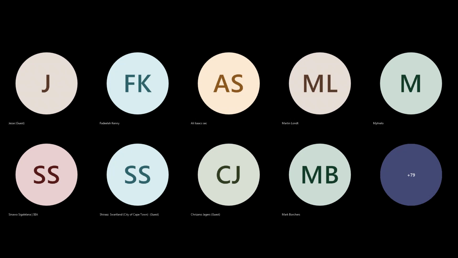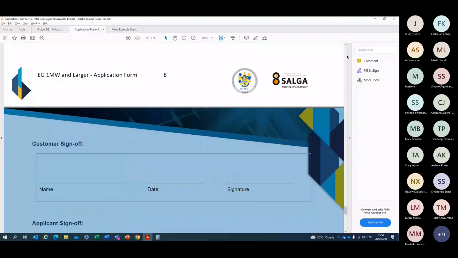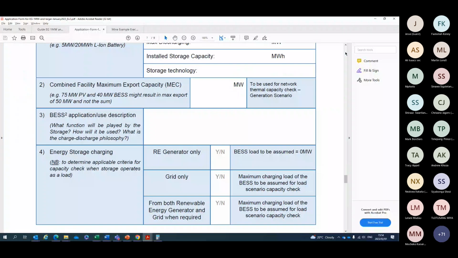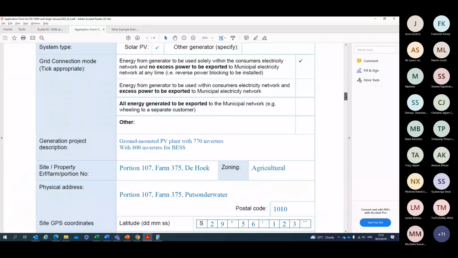So we've got this application form. So one thing is, of course, you will check against the application form that they now come and install what they said they were going to install or not.